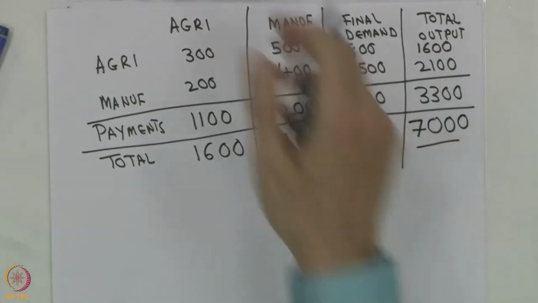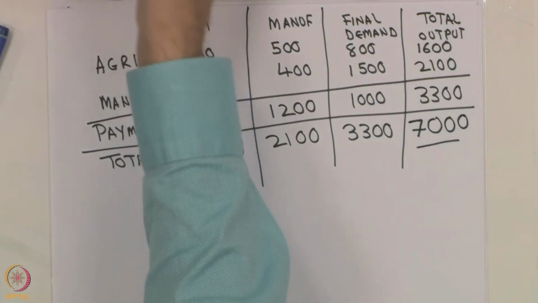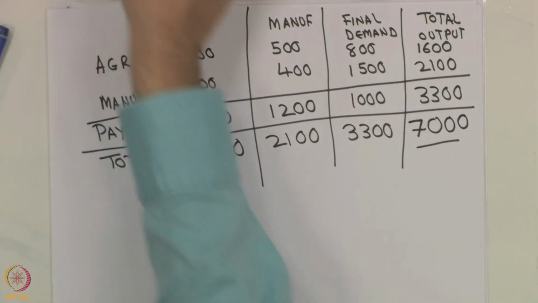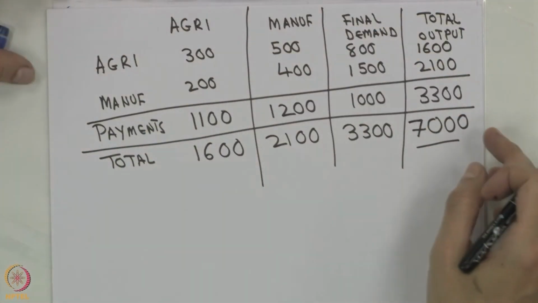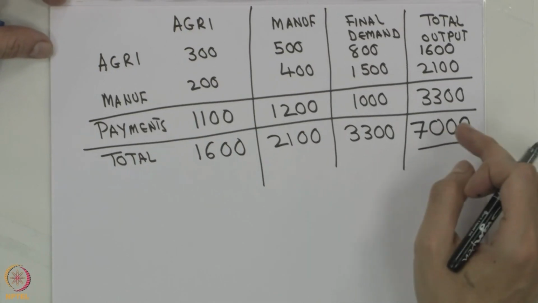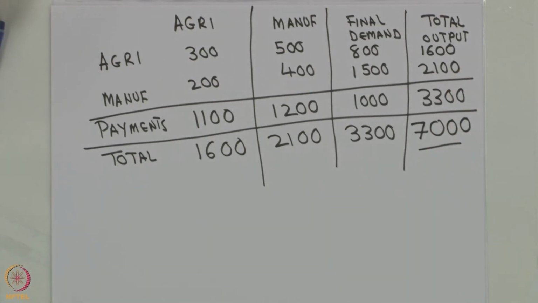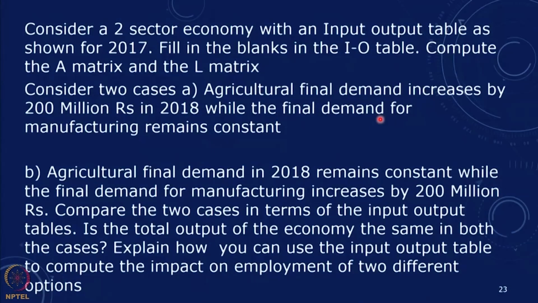Now the question which has been asked is to see what happens if this increases. The question says that agricultural final demand increases by 200 million, and final demand for manufacturing remains constant. Before that, we are asked to fill in the blanks, which we have done, and compute the A matrix and the L matrix.